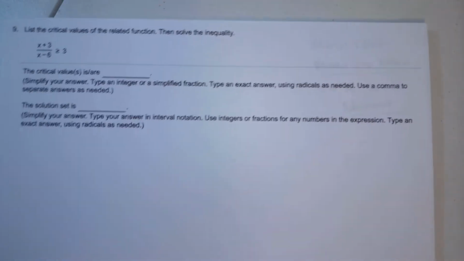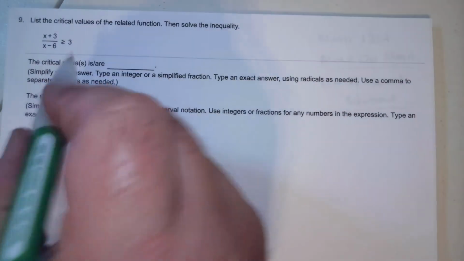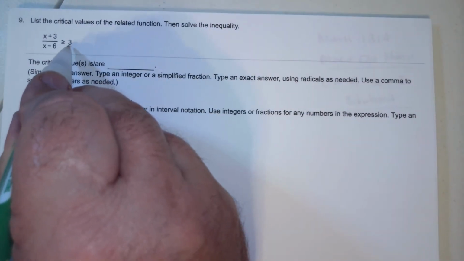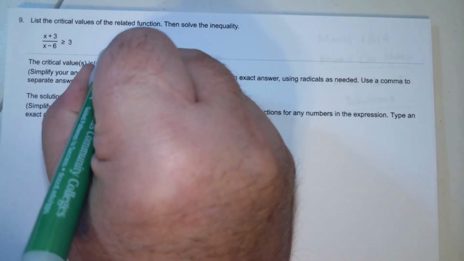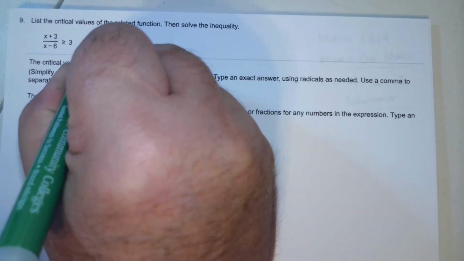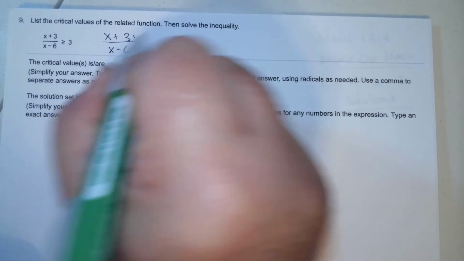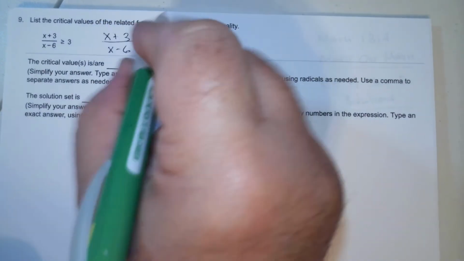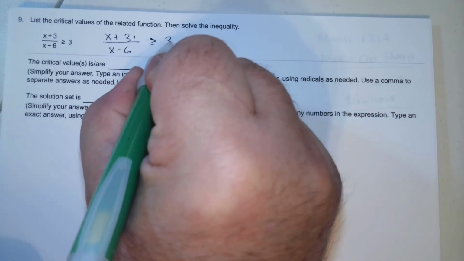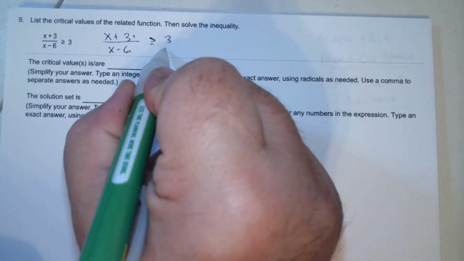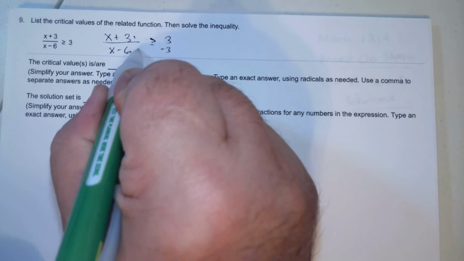One more. Now we have a number over here. Remember, it has to be 0 on one side. So the first thing we have to do, we have to move this, make it a 0. So we have to subtract 3 from both sides.